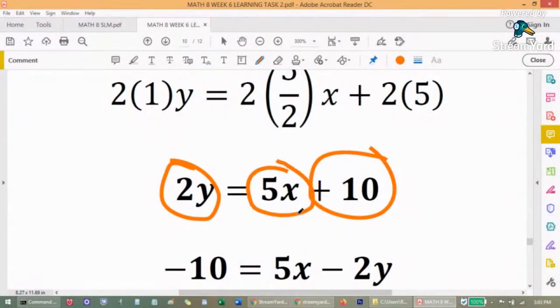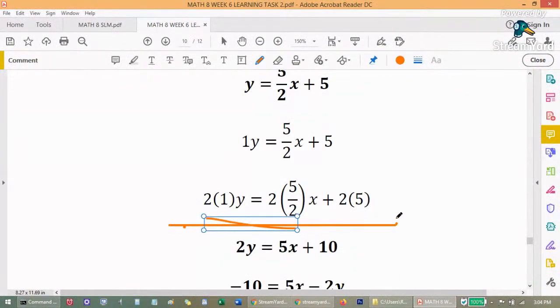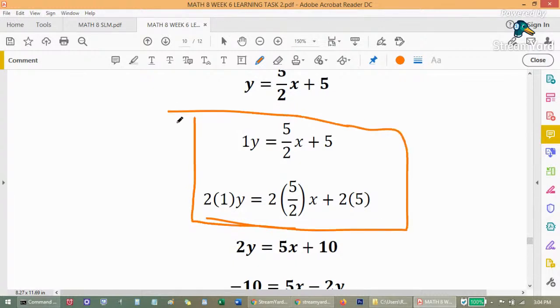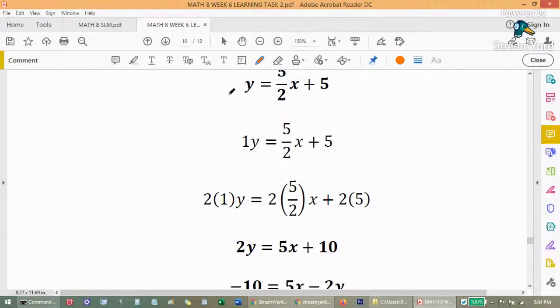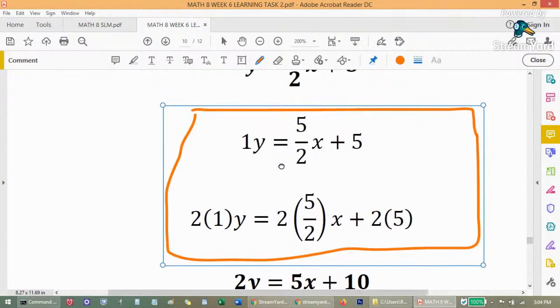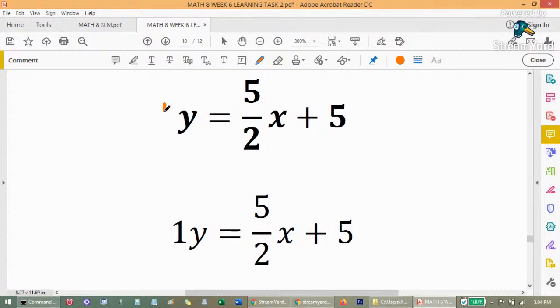Okay? So para mas malinaw, meron tayong step dito. Ito yung long method. So yung mga advanced na pwedeng tumalon doon. So yung mga medyo nahirapan, ito yung ating long method. So una, lagyan natin ng coefficient 1 itong y.